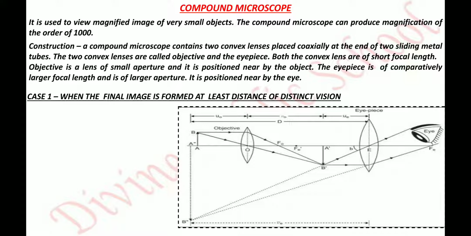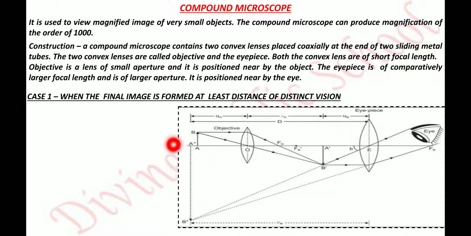Now one ray comes parallel to the principal axis and goes through the focus. Another ray goes through the optical center. It cuts the first ray at B dash, so we get an image, and that image is A dash B dash.